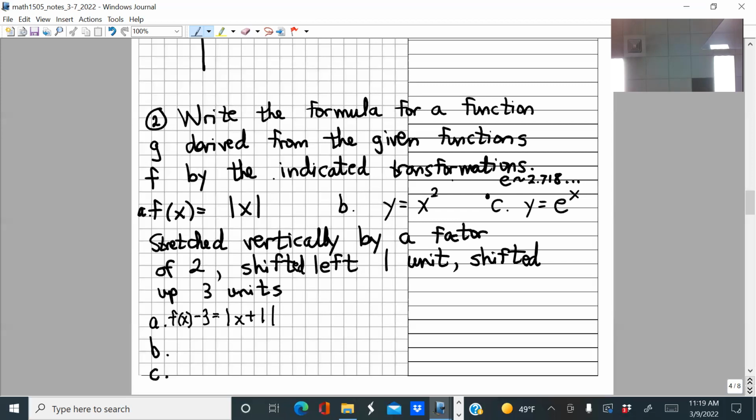What's the last thing now? Stretch it vertically by a factor of 2. So when you're stretching vertically, a stretch means you're not adding or subtracting a constant, right? You're doing what? Multiplying, right? Okay. So you're multiplying.